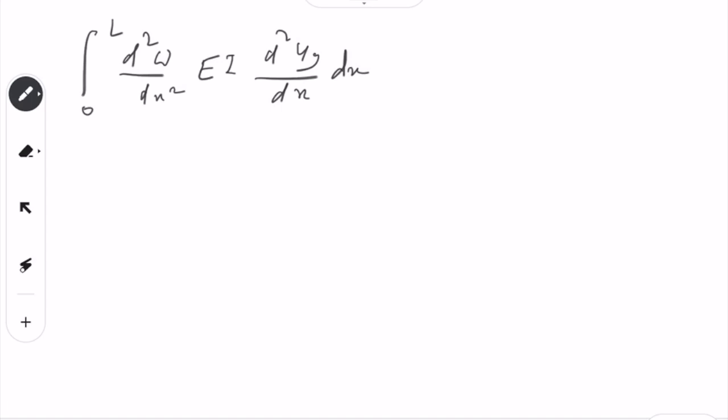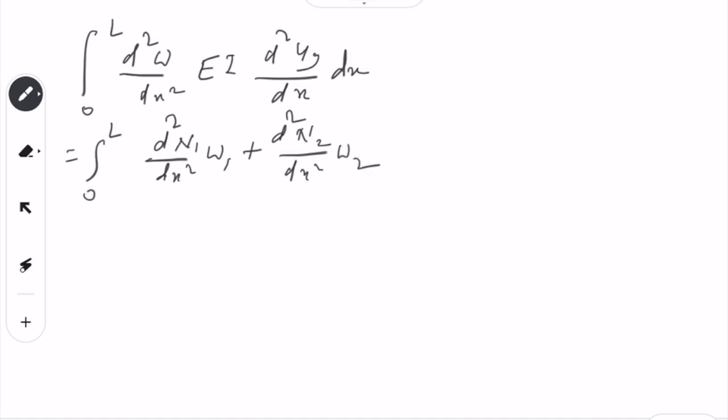So here will be equal to, let us write here rather, 0 to L, and here we will have d square N1 over dx square times w1, and so on, plus d square N2 over dx square w2, and so on.